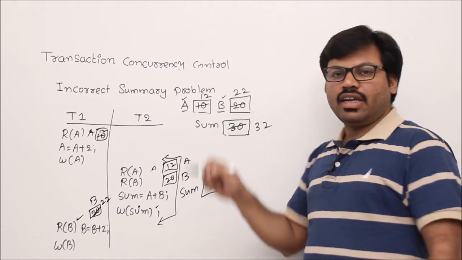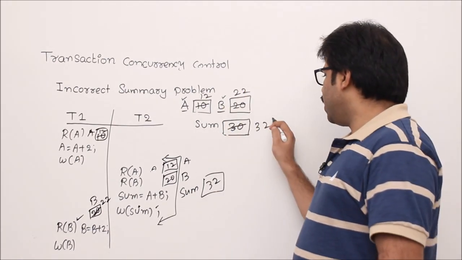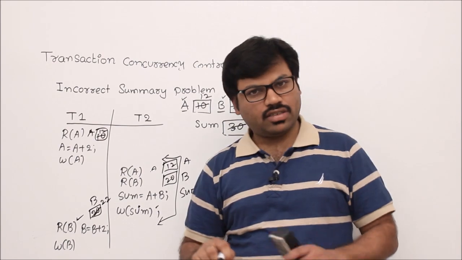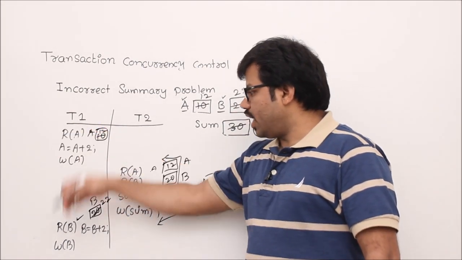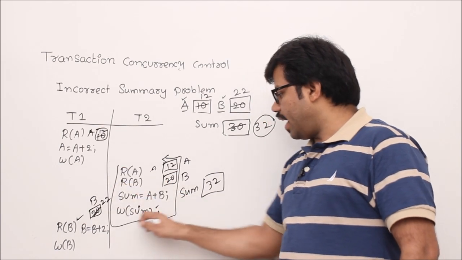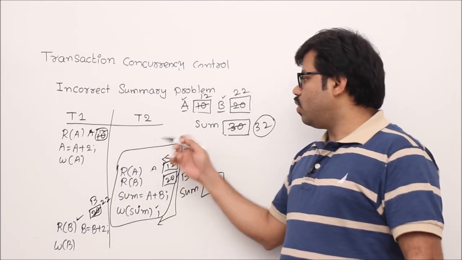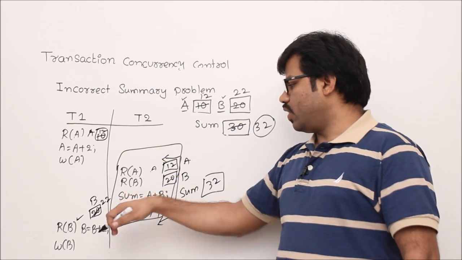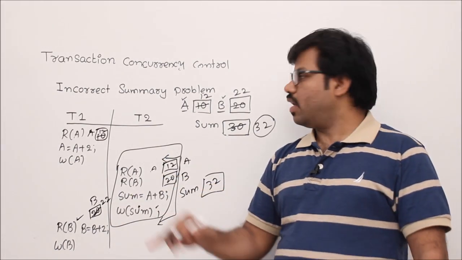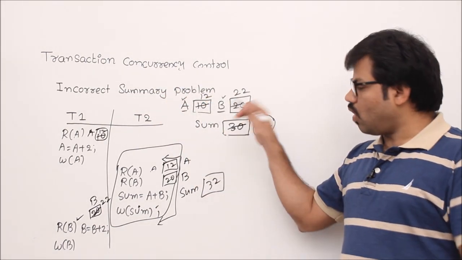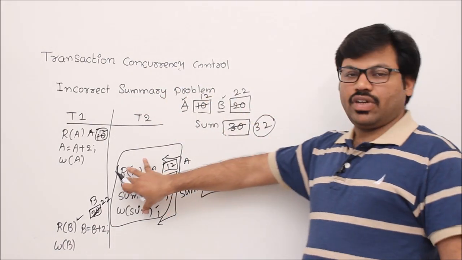So values got rightly updated, but some value is wrongly updated, right? The reason, in between, T1 you came and you just took one old value and one new value. That's a problem, correct? So this problem is called the incorrect summary problem. Your summary is wrong, the reason being interleaving.